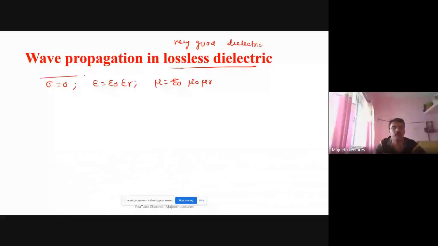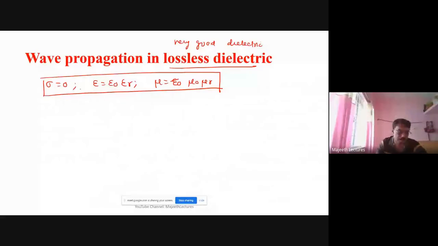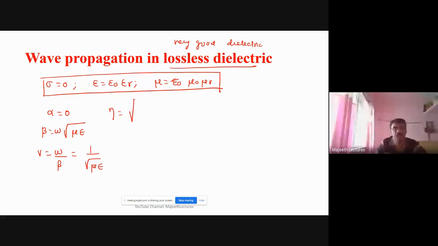Here alpha is equal to 0, beta is equal to omega root of mu epsilon. Velocity we know is omega by beta, so it is 1 by root of mu epsilon. And eta, the intrinsic impedance, is root of j omega mu divided by j omega epsilon plus sigma.